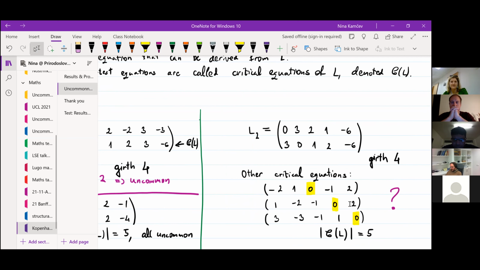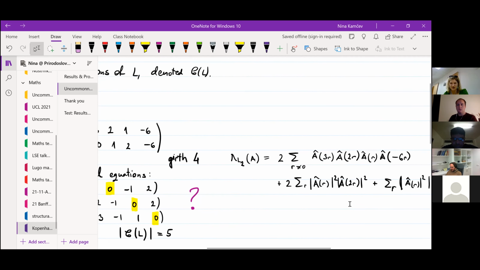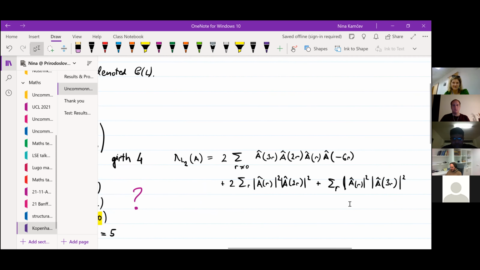That's one of very rare common systems, I'd say, because there are some funny coincidences among the coefficients. So I'm not going to go into detail now, but I wrote what this L of A is. Again, you can do that in terms of the Fourier coefficients of the critical equations.